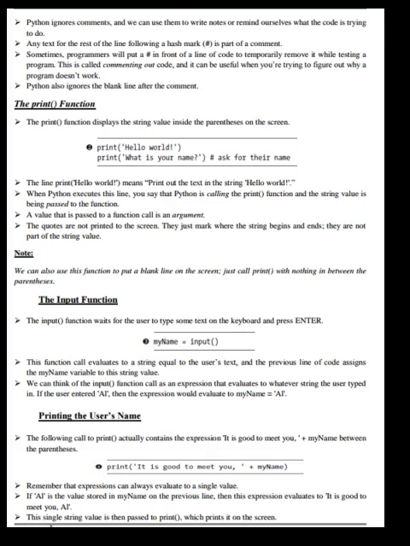A value that is passed to a function call is an argument. The quotes are not printed to the screen. They just mark where the string begins and ends. They are not part of the string value. Note, we can also use this function to put a blank line on the screen. Just call print with nothing in between the parentheses.